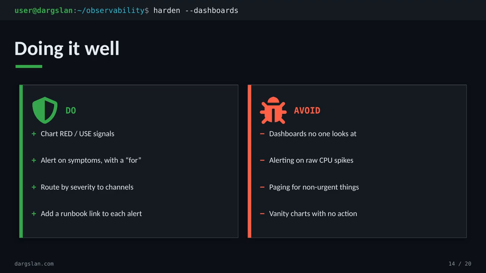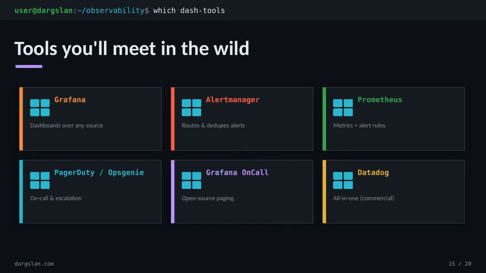And always link a runbook so the responder isn't Googling at 3 a.m. What to avoid is basically the mirror image. Dashboards no one opens, alerts on raw CPU spikes, pages for things that can wait, and pretty charts that never lead to action.